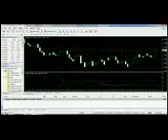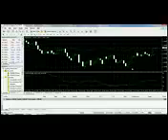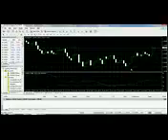So, it's pretty simple. These here are parabolic SAR buy signals. You know they're buy simply for the fact that they're underneath the trend line. These signals here are sell signals, these green dots. You can tell that because they're above the trend line.